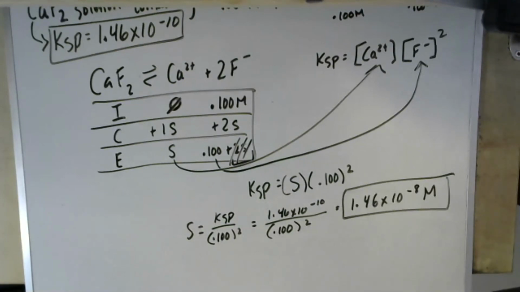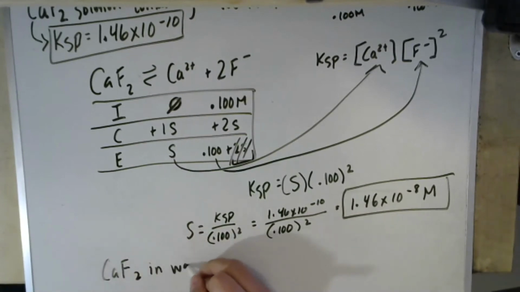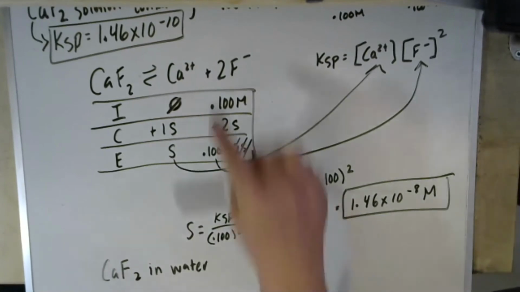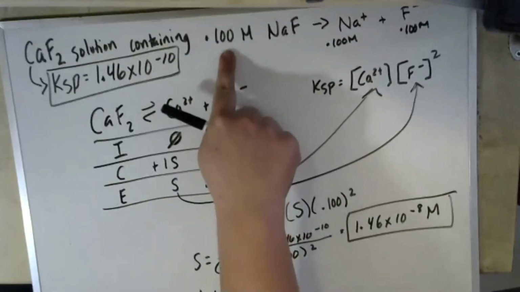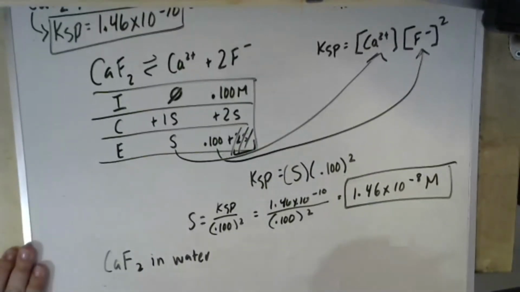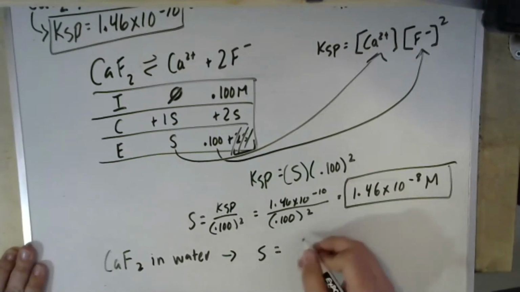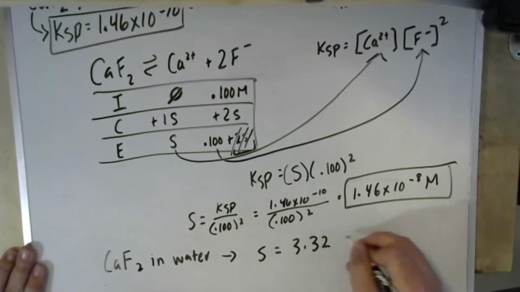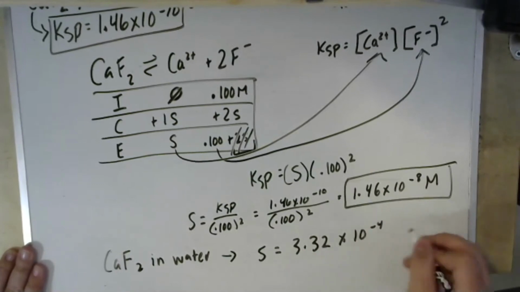Now, what's interesting is if you looked at calcium fluoride in water instead of in 0.1 molar sodium fluoride, the solubility of calcium fluoride in water is 3.32 times 10 to the negative 4 molar.